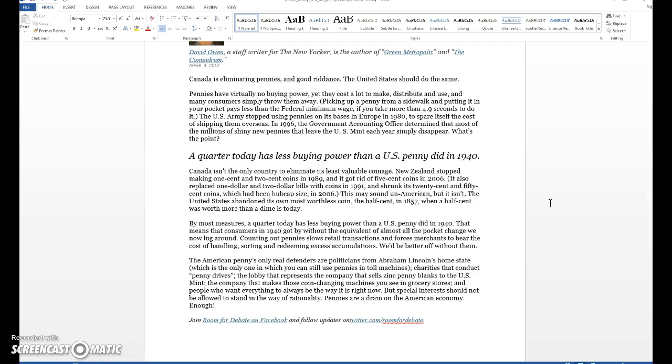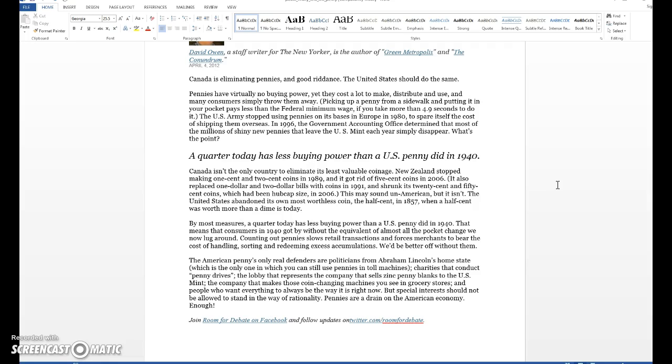The United States abandoned its own most worthless coin, the half cent, in 1857, when a half cent was worth more than a dime is today. By most measures, a quarter today has less buying power than a U.S. penny did in 1940. That means that consumers in 1940 got by without the equivalent of almost all the pocket change we now lug around. Counting out pennies slows retail transactions and forces merchants to bear the cost of handling, sorting, and redeeming excess accumulations. We'd be better off without them.